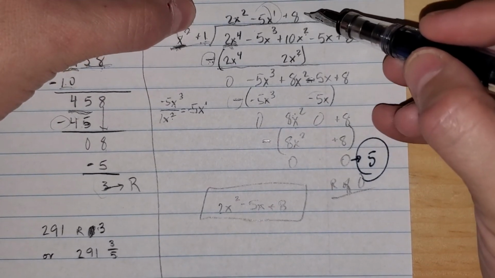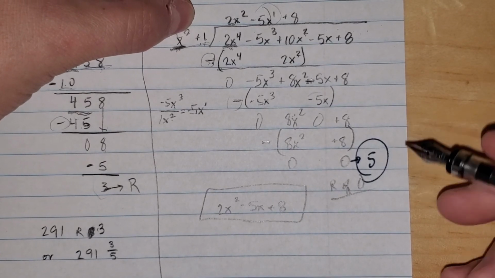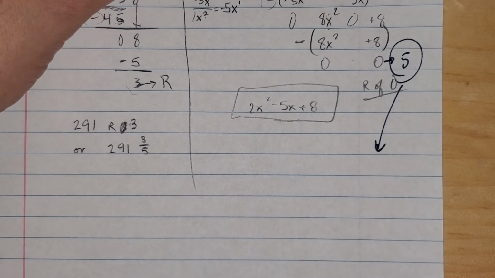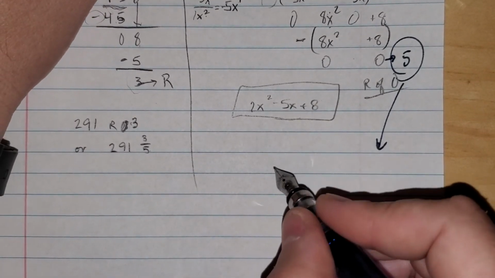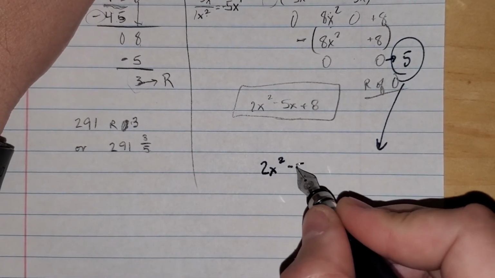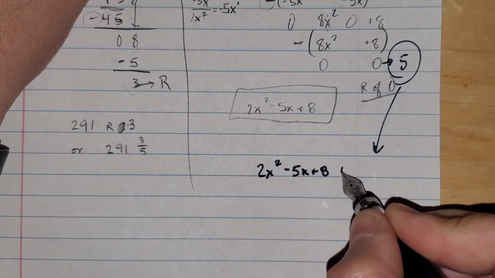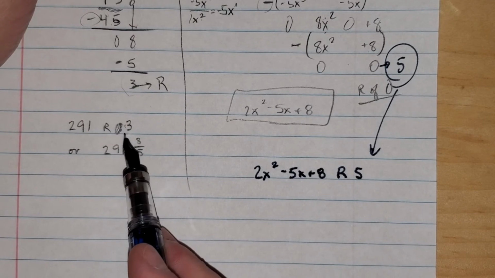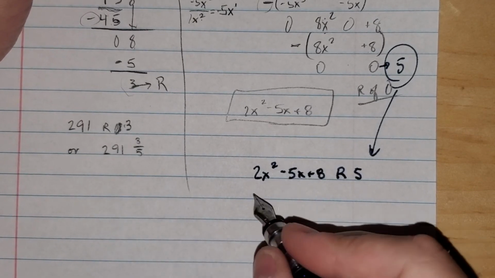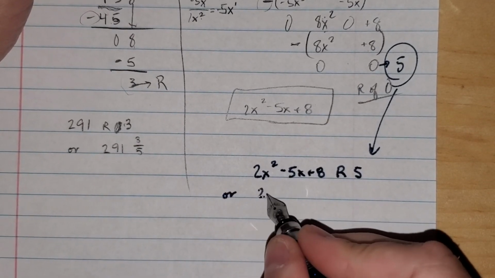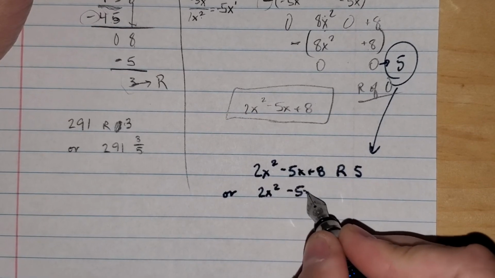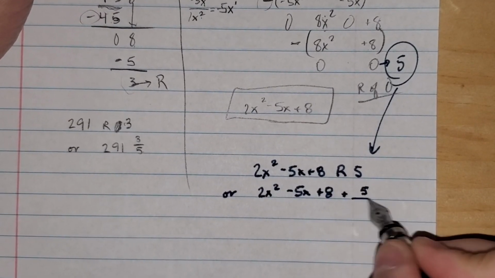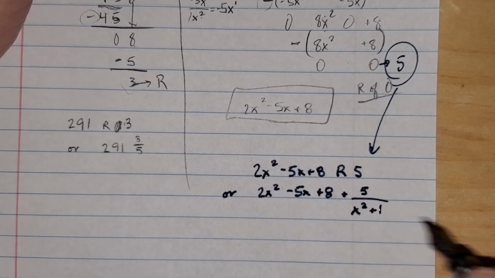So you take this answer with a remainder of 5. How would you write that? And that's what I want to show you guys, okay? So if this had a remainder, you could write 2x squared minus 5x plus 8, remainder 5, just like you did with grade school math. Or you could write 2x squared minus 5x plus 8 plus 5 over x squared plus 1.